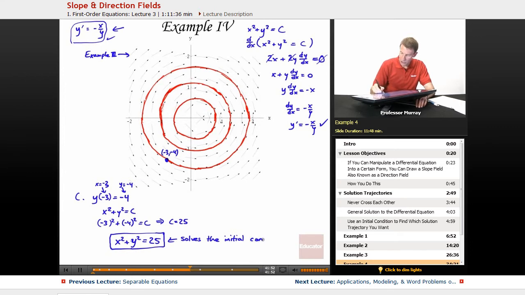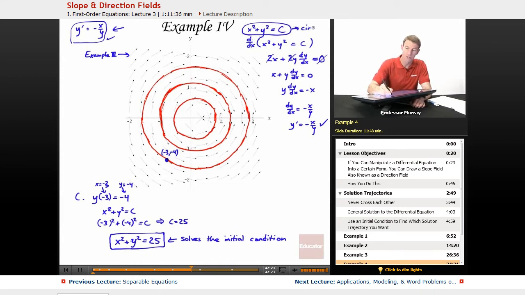By the way, what you should be noticing here is that just by looking at the graph, we figured out that these solution trajectories were going to be circles. So we drew these circles, but that was before we ever saw the general solution. However, when we look at the general solution right here, x squared plus y squared equals c, I know that that is the equation of a circle, so that confirms what I had already guessed from my graphical intuition. So this is going to be circles.